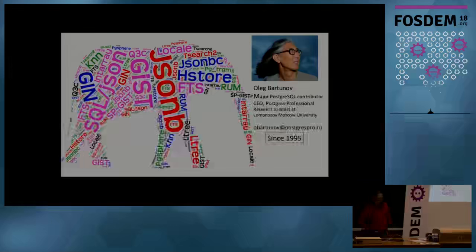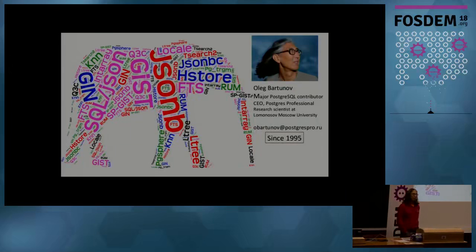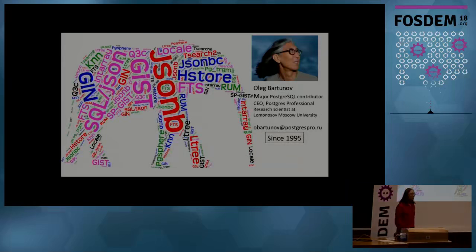So a bit about me. I am a major PostgreSQL developer. I started using Postgres in 1995, so the past century. I am an astronomer at Moscow University, and also CEO of a Russian Postgres-centric company, Postgres Professional.